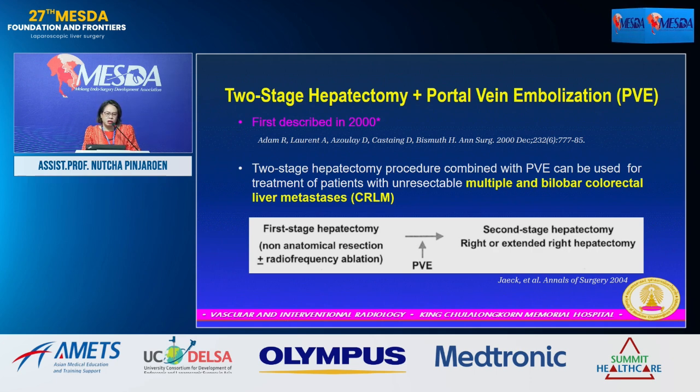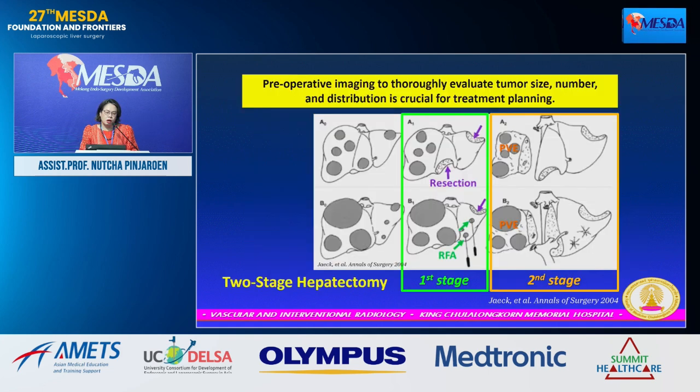And the last thing I would like to talk about regarding PVE is another strategy for colorectal liver metastasis, the two-stage hepatectomy. The two-stage hepatectomy has been described since 2000.